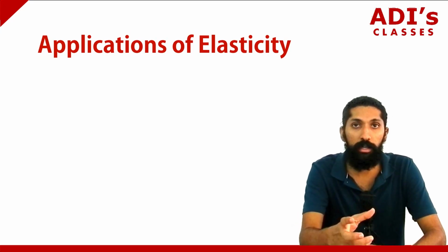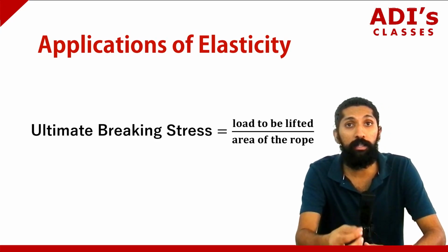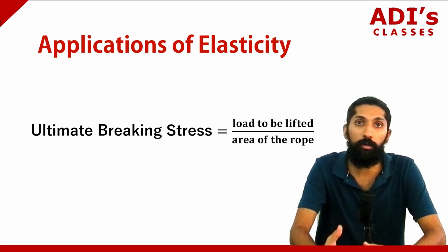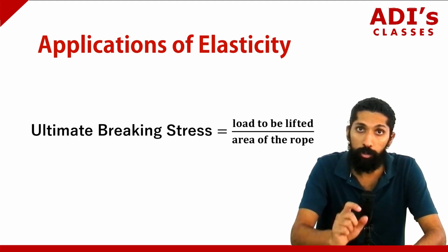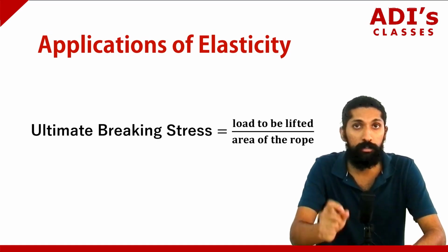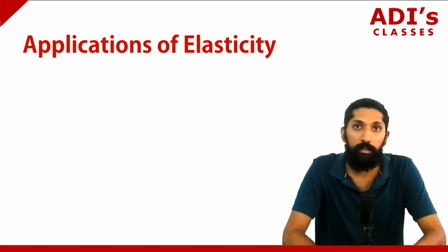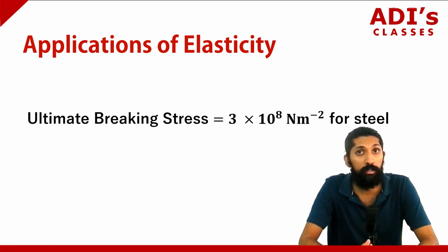Now, if a crane with a stainless steel cable has to lift a load of 10 to the power of 4 kg, we have to find what should be the radius, the thickness of the wire. For that, we know the ultimate breaking stress of steel is 3 into 10 to the power of 8 Newton per meter square.